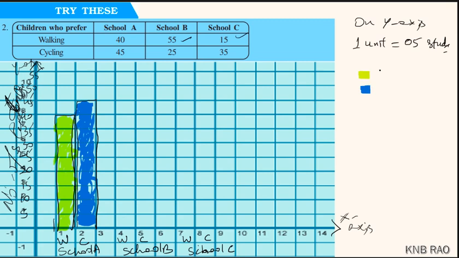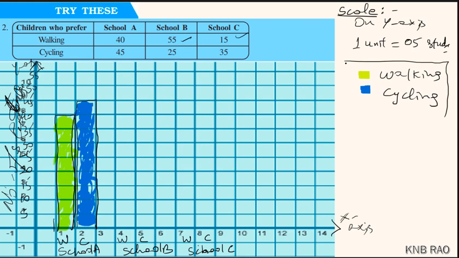Here yellow represents walking and blue represents cycling. In a double bar graph we will compulsorily mention what the scale is and what quantities are represented by the two different colors in the bars, the double bars.